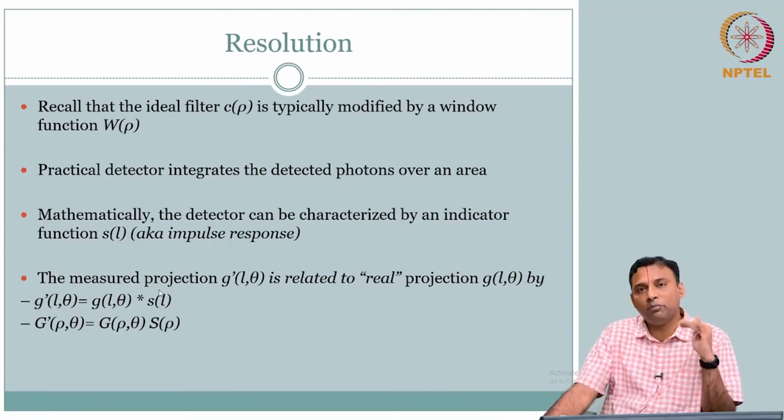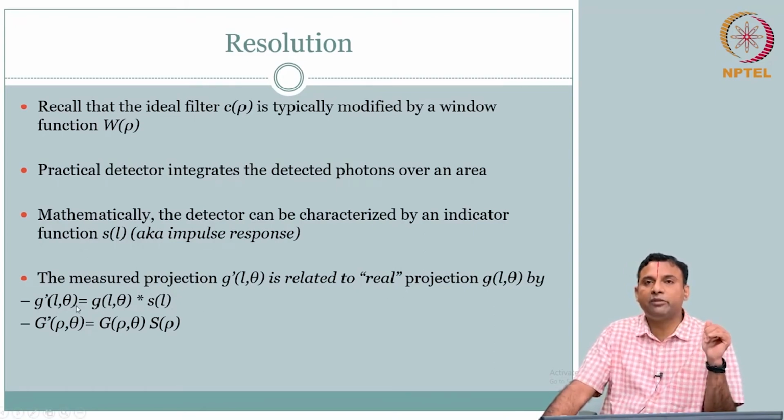The relationship between the real projection, what would be in the ideal scenario which we use, and a practical scenario is: your ideal one will be g of L comma theta. You have to convolve that with the impulse response of the detector, right? So this is not sufficient. You are going to apply another W.